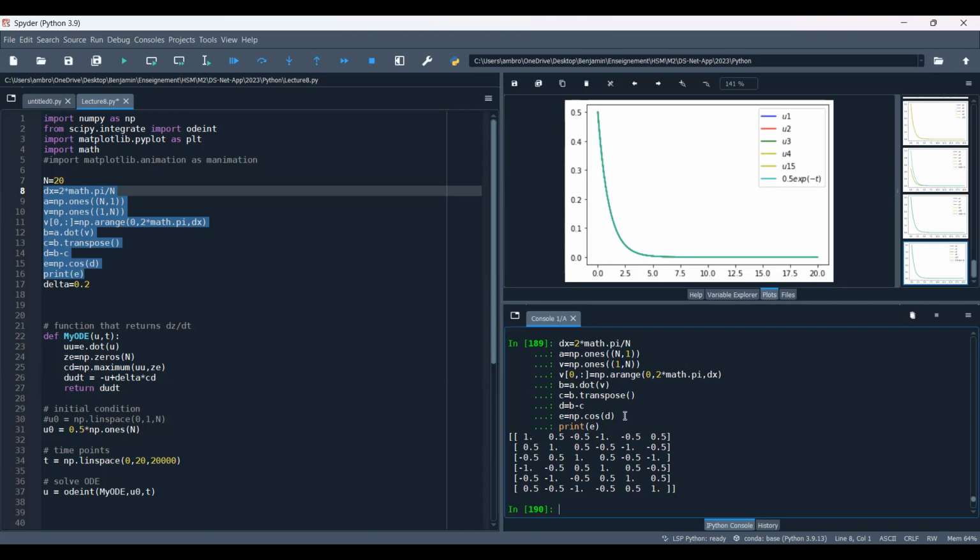And then I do the same for the second line, which corresponds to theta 1, which is pi divided by 3.